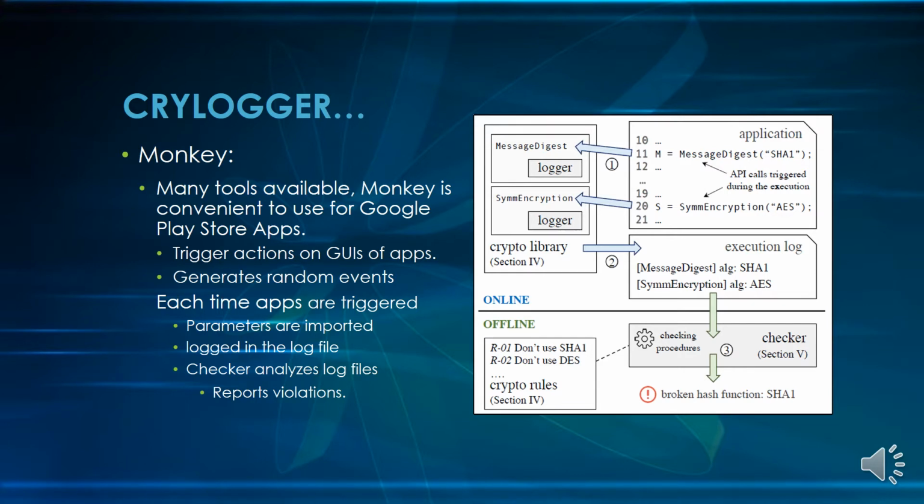Each time Monkey triggers or calls an instrumented class, it saves the parameters and all those parameter values in a log file. The checker analyzes those log files and reports all the violations found.